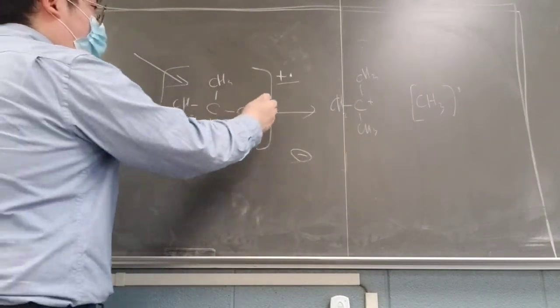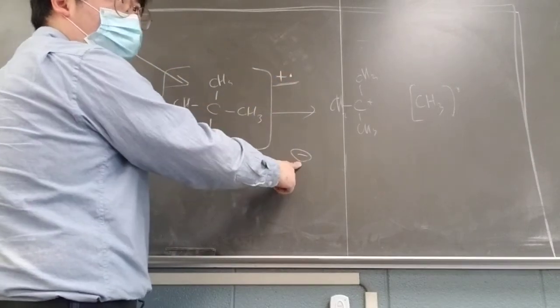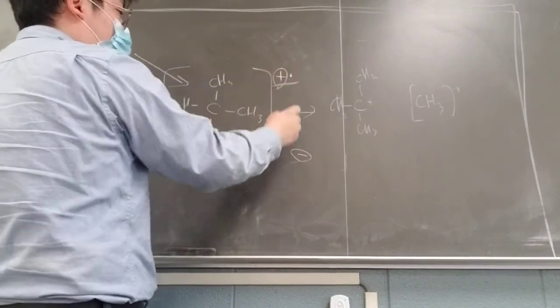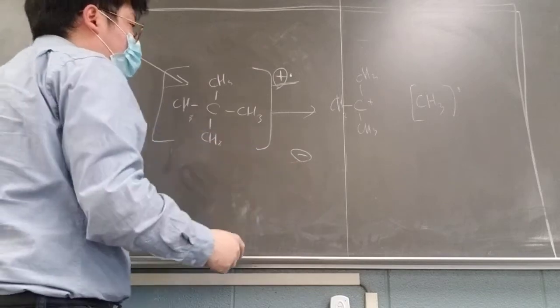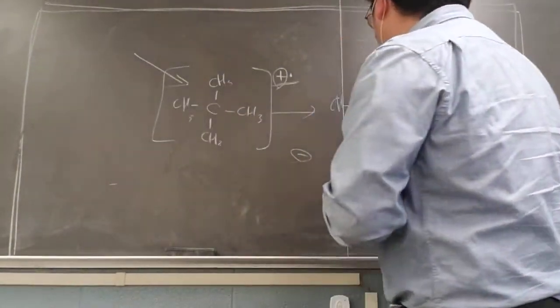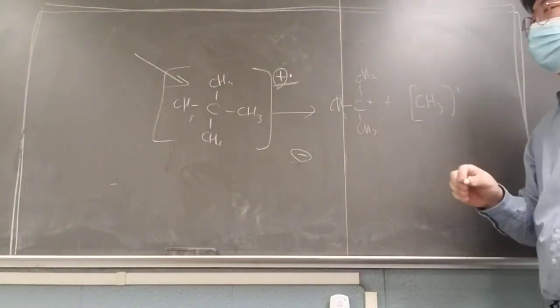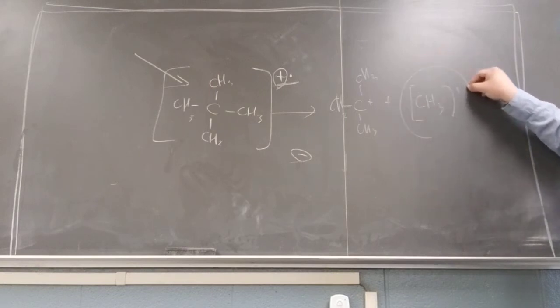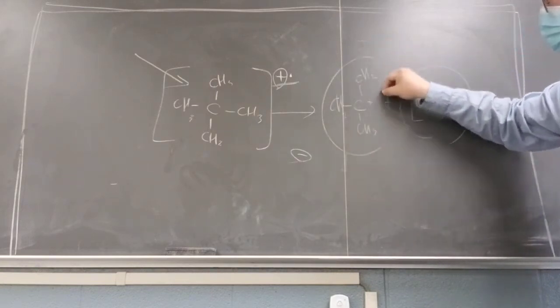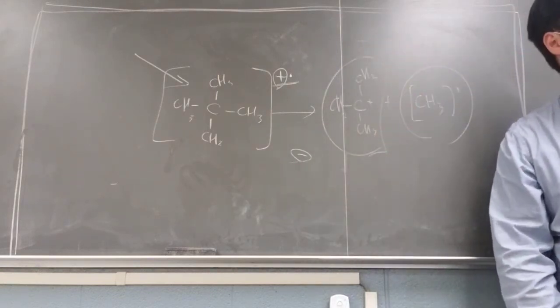So you have a radical form because it lost one electron, and also a positive charge because it lost an electron over here. So when they break apart into fragments, you're going to have the radical ones, and the one that has the positive charge is the cation.